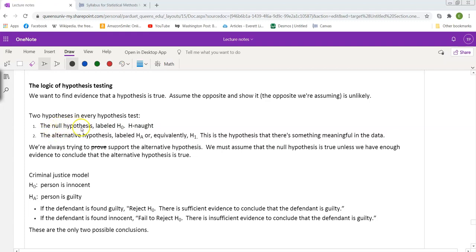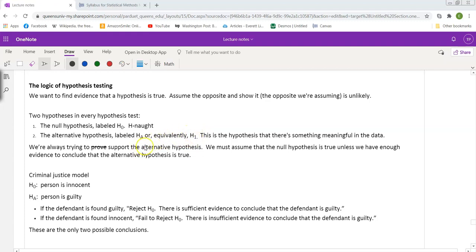So, in every hypothesis test, there are two hypotheses. There's the null hypothesis, which is labeled H with a subscript of 0. That's a 0, not an O. So that's not O, that's H naught. And then there's the alternative hypothesis, which you'll sometimes see labeled HA, and sometimes you'll see labeled H1.